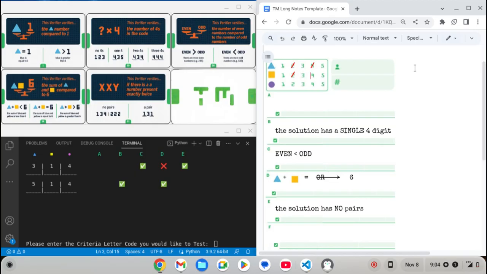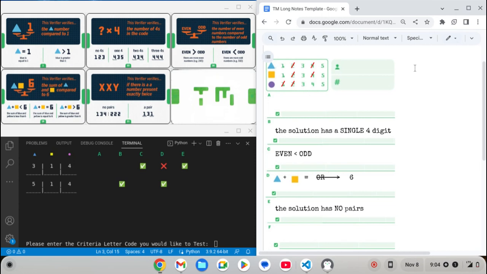So let me go ahead and cross that out. And we've sort of already established that the circle digit must be the 4, right? Because we do have a 4. So let's go ahead and cross out everything in circle except for 4.